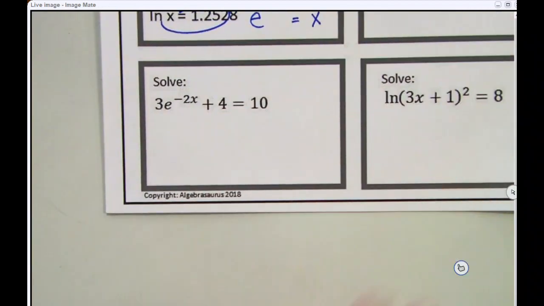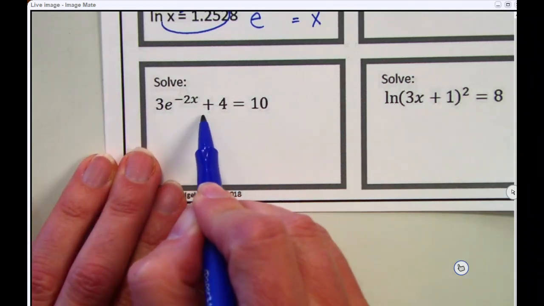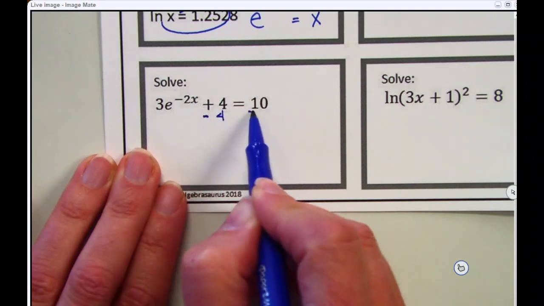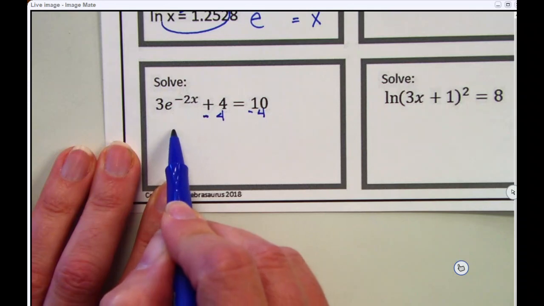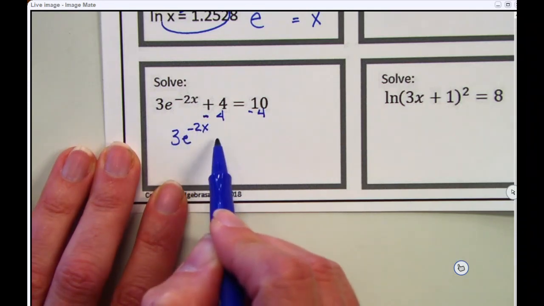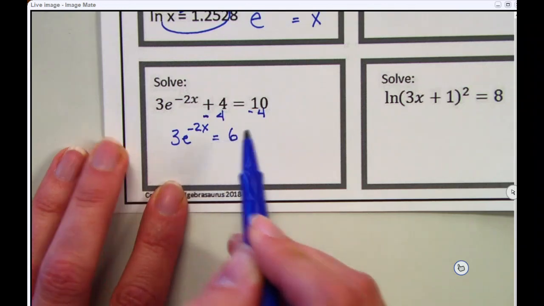All right, I want to solve for x. Got a little bit of a mess right there. What do you think we need to do first? As my pen is right here, what are we going to do? Take away the 1. 3 e to the negative 2x equals 6.